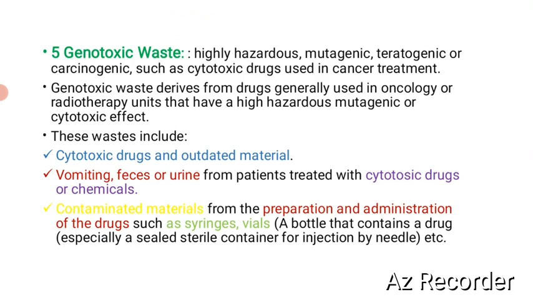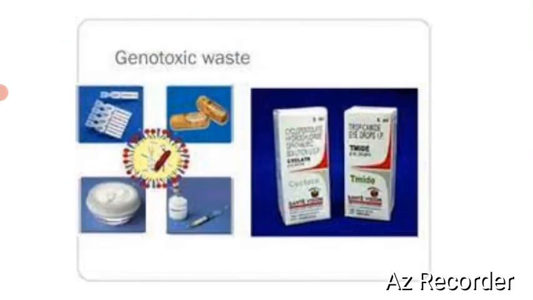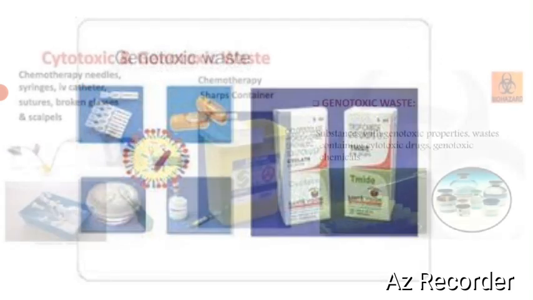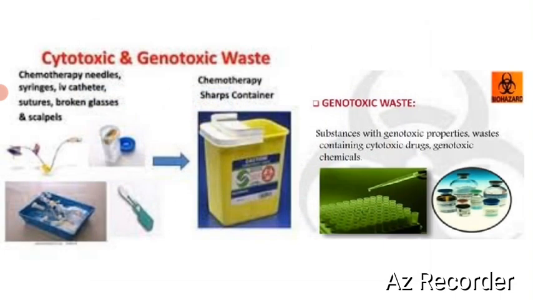This waste includes cytotoxic drugs and outdated materials, vomit, feces, or urine from patients treated with cytotoxic drugs or chemicals, and contaminated materials from the preparation and administration of drugs, such as syringes, vials, or bottles that contain drugs, especially a sealed sterile container for injection by needle. Those are genotoxic wastes. Those are also cytotoxic or genotoxic wastes.